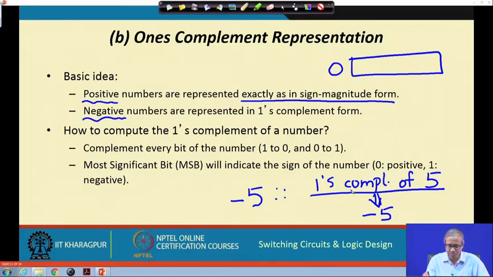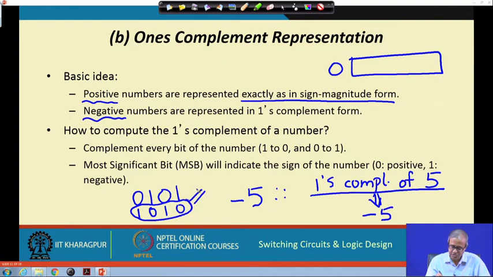So, what is 1's complement? It is very simple. You take the number, let us say you have 5, let us say in 4 bits, 5 is 0 1 0 1, right, in 4 bits. You complement every bit of the number, that means 1 you make 0, 0 you make 1, 1 you make 0, 0 you make 1. You flip every bit, and this will be your 1's complement.